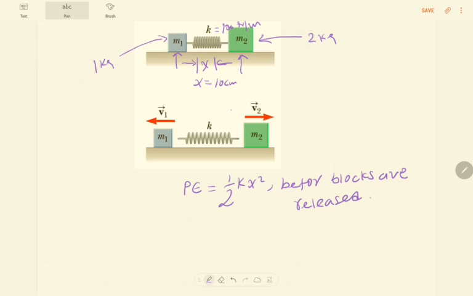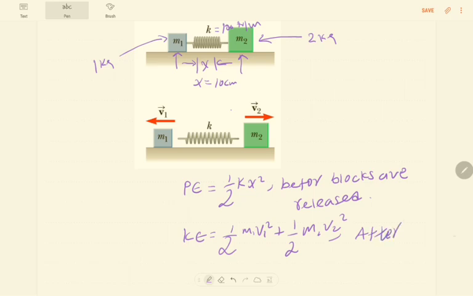After the blocks are released, they will have a kinetic energy in both directions. The kinetic energy of the blocks is simply the sum of the kinetic energies of the individual blocks, half of m1 times v1 squared plus half of m2 v2 squared. This is after release.